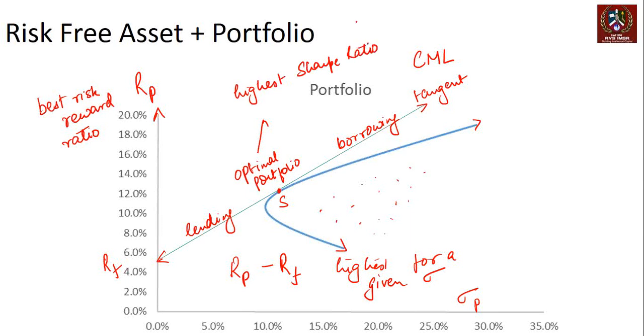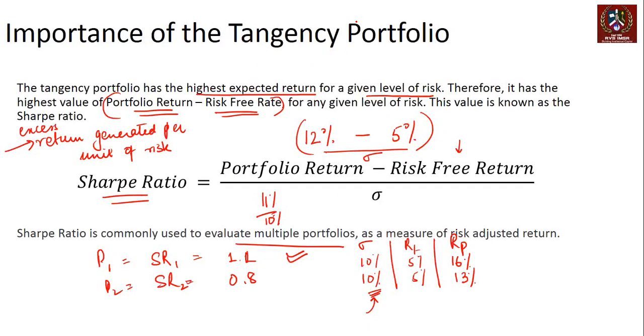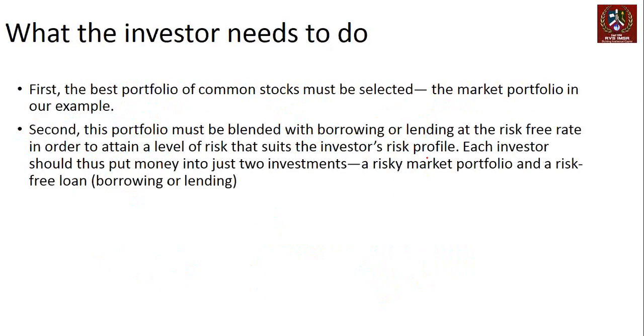From our perspective, what is important is that we outline this entire set now, which is to judge what an investor needs to do. First thing that an investor needs to do is that the best portfolio of common stocks must be selected, right? The market portfolio.